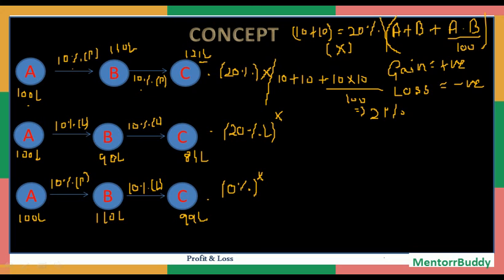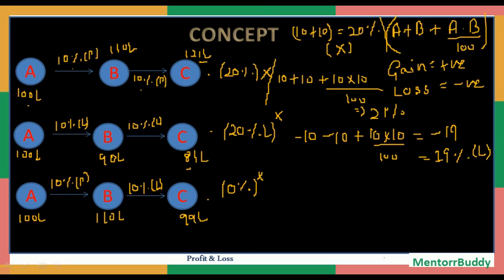That will be minus 10 minus 10 plus 10 into 10 upon 100. That will be equal to minus 20 plus 1, which is minus 19. It implies a 19% loss. Now we are selling a 100 lakh property at a loss of 19%. It will cost 81 lakh. So this will be a 19% loss.